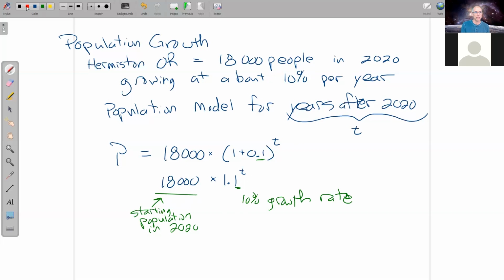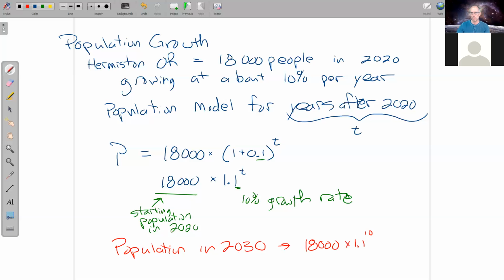I could predict the 2030 population, 10 years later, by plugging into my formula. So what's 18,000 times 1.1 to the power 10? That's going to give me the 2030 prediction.